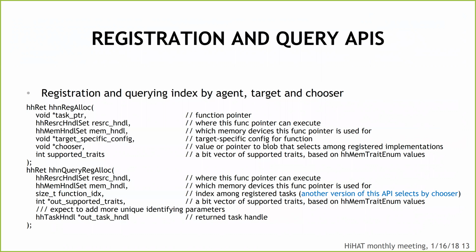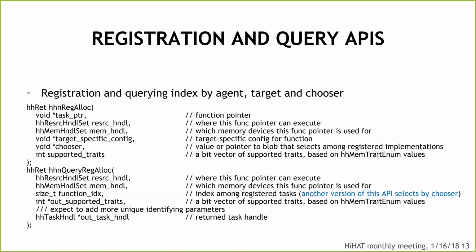So if somebody asks, hey, could you pin this for me, you can programmatically ask among the different implementations that have been registered whether I have the ability to do it, so that I don't have to explicitly execute code, and which ones are available for me to use.